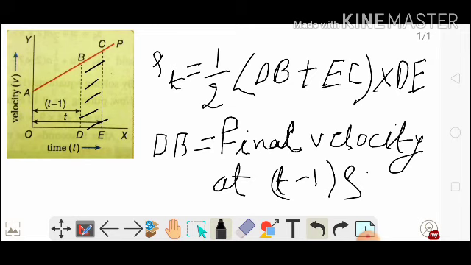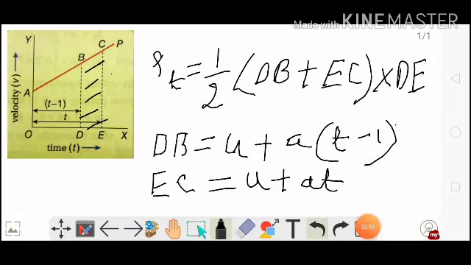So first let's find out DB then. If the initial velocity of the object is u, then to find out DB, using the formula u plus at, just write u plus a into t minus 1, and EC we'll write u plus at, and we have to add these two.